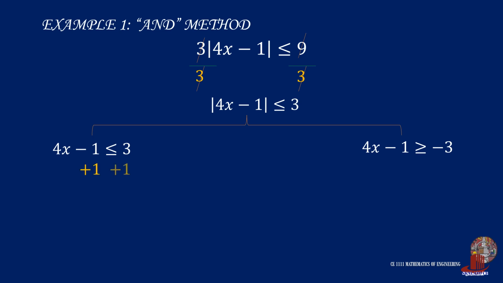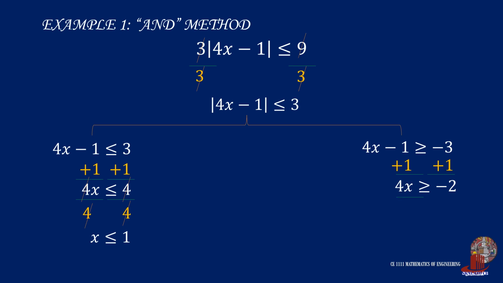Isolate 4x by adding 1 on both sides, resulting to 4x is less than or equal to 4. Then divide both again by 4 to get x, which is less than or equal to 1. On the other side, we do the same procedure of isolating 4x first by adding 1 on both sides, and we get 4x is greater than or equal to negative 2.